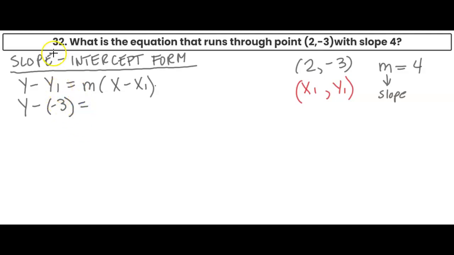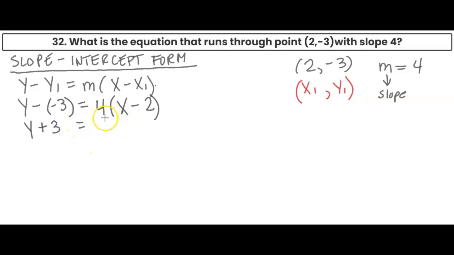And what's the slope, as we mentioned, on the right-hand side? 4 times x minus x1, and x1 is 2. So y, bring that down. A negative times a negative is a positive. You bring down the 3.